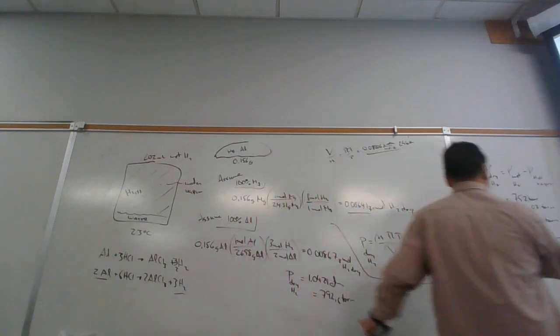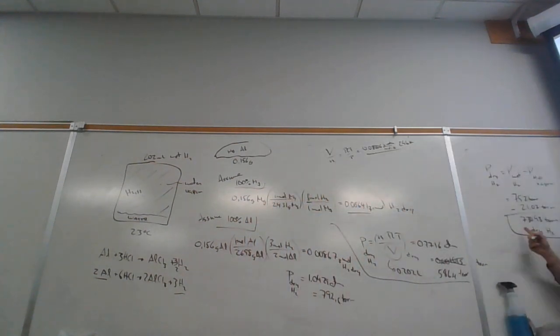So could this be pure aluminum? No, so it's in between. And in fact, it looks closer to aluminum than it does to magnesium, doesn't it? And so there's got to be more aluminum in this than magnesium.